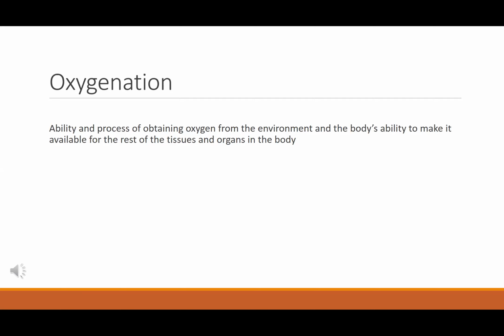It is the ability and the process of obtaining oxygen from the environment and the body's ability to make it available for the rest of the tissues and the organs in the body. So can I bring oxygen into my body and circulate it around to the tissues and the organs that need that oxygen in order to function? That's a pretty big role.